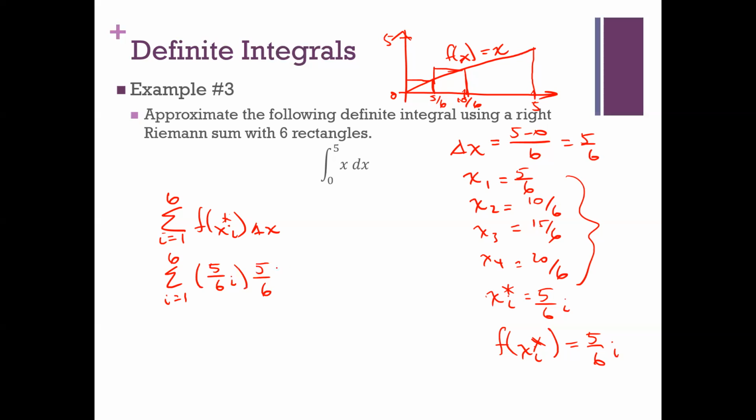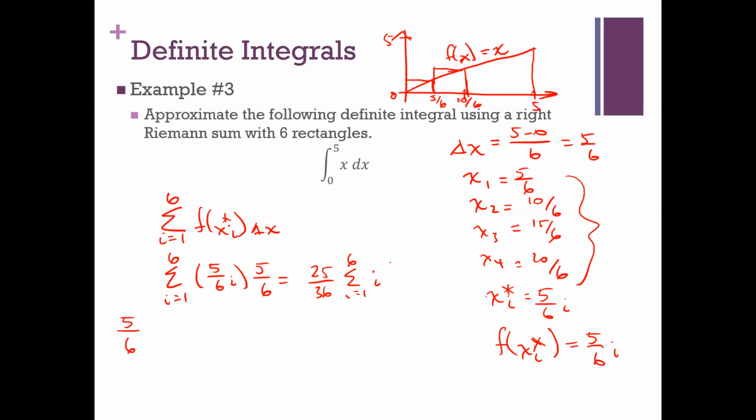So now can I write down all these rectangles or all these values and get a sum? When i equals 1, I get, actually, can I do this? I told you that I can factor out constants, right? So can I factor out this 5/6, and the other 5/6, giving 25 over 36, and now I'm just summing up i?